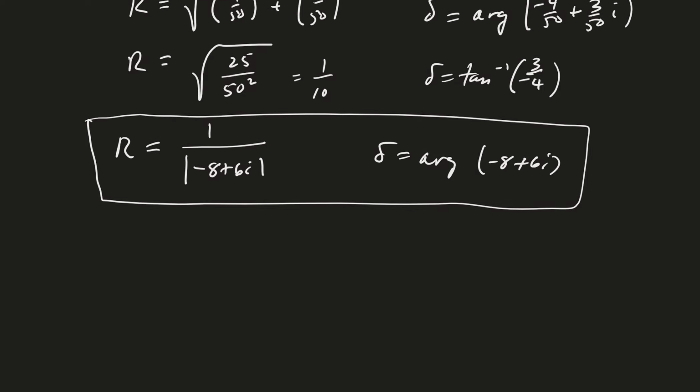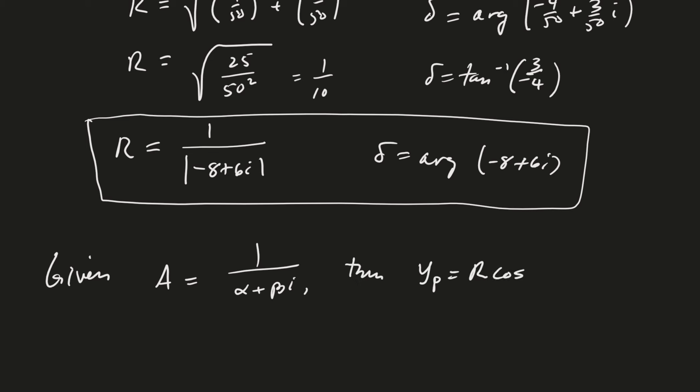What we're saying here is that, given that your constant A is equal to 1 over alpha plus beta i, then to write y sub p as r cosine of omega t minus delta, we just take r to be 1 over the magnitude of alpha plus beta i, and delta is the argument of alpha plus beta i.